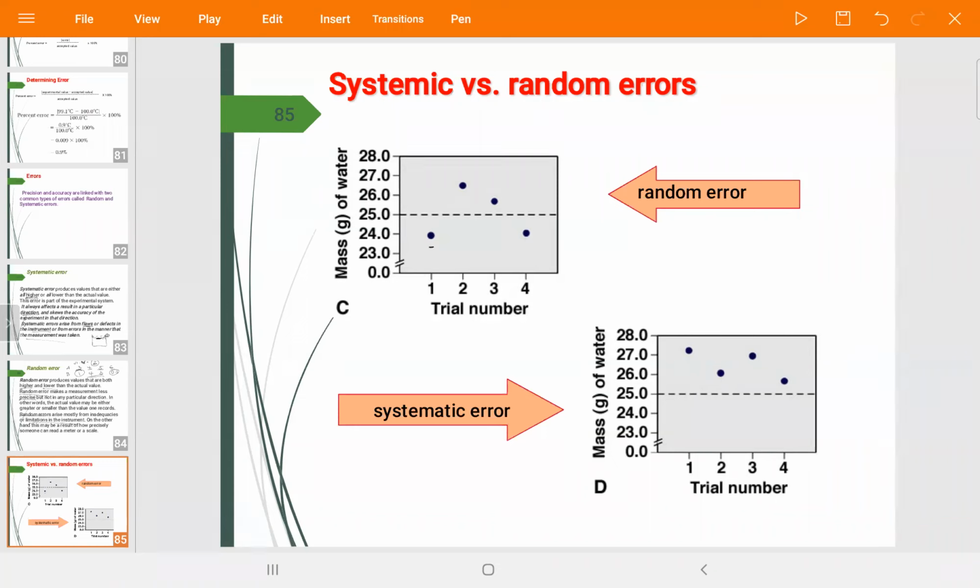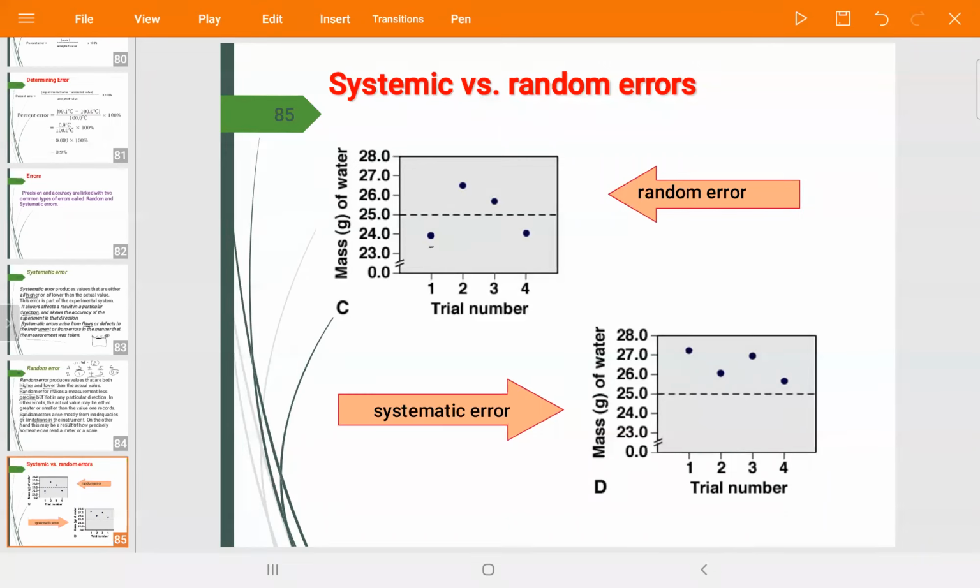Here the precision is not affected as much as in the case of random error, but the accuracy will be less compared to random error.